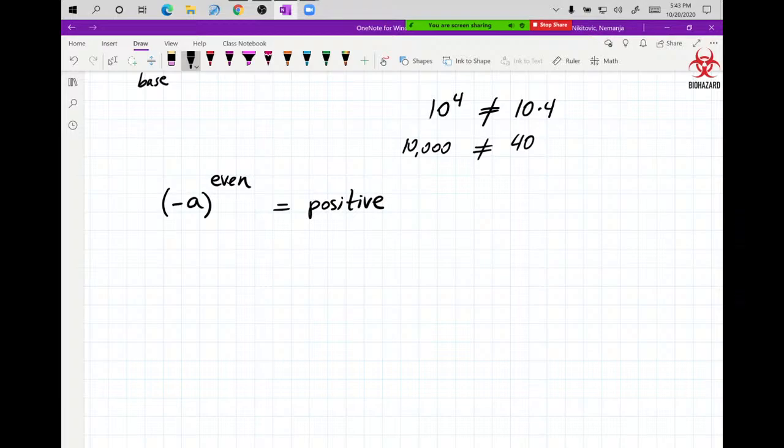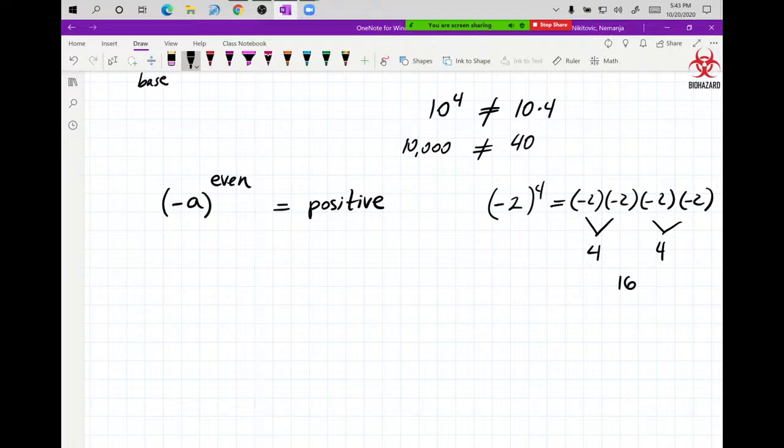Well, if it's an even number of negative a's, every pair of negative a's creates a positive. So if I have, let's say, negative 2 raised to the fourth power, that's 4 negative 2's, and each pair makes a positive number, for a positive number in the end. So when you have an even exponent, you are always going to have a positive number on the other end.